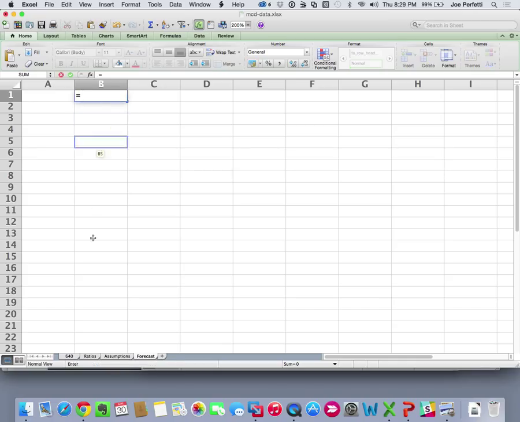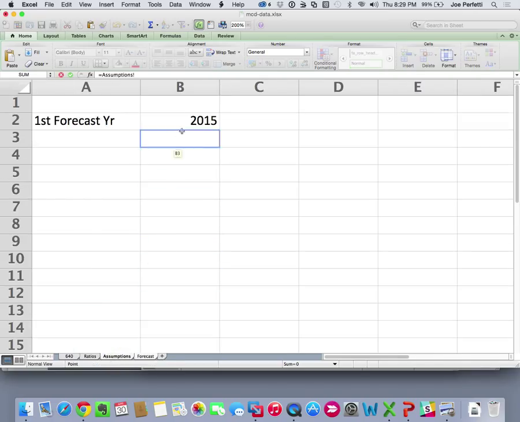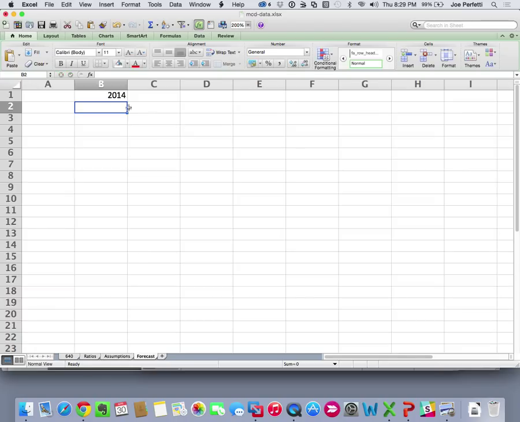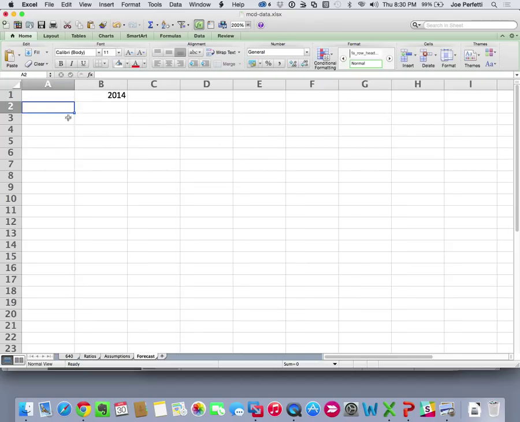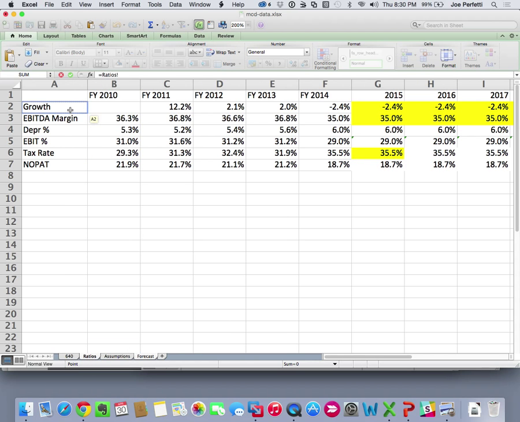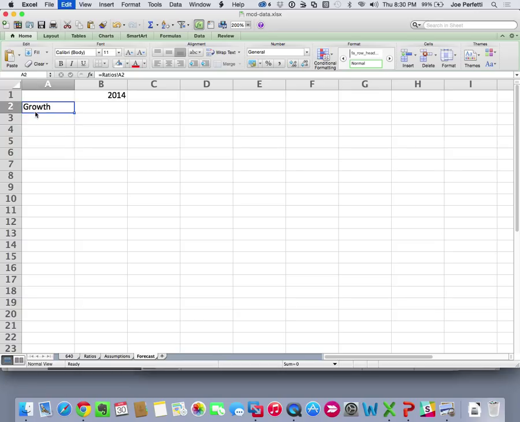So what I'm going to do is I'm going to take equals from our assumptions, the first forecast year minus 1, that'll be my first historical year, and then I'm going to take the data here on the ratios, yeah, I'll take it in the ratios. Copy and paste equals that all the way down.